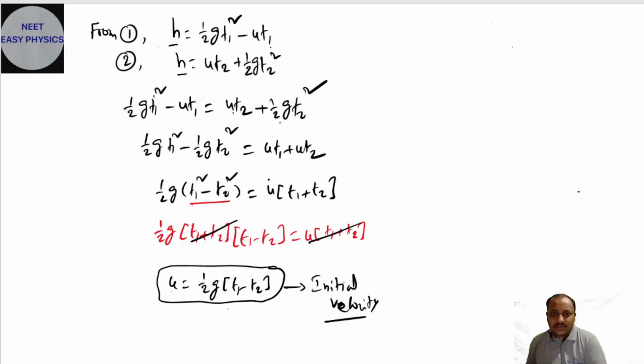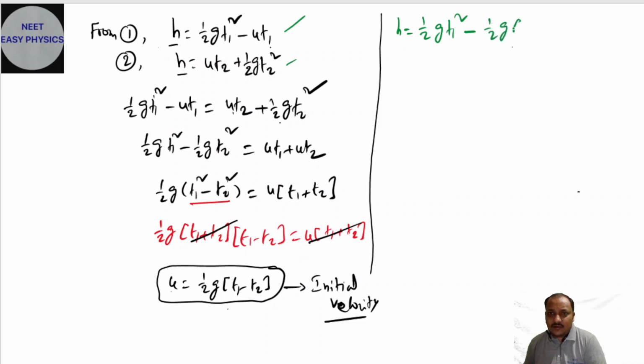Now substitute this u in any one of the equations, either this one or this one. Then h is equal to half g t1 square minus half g (t1 minus t2) into t1.